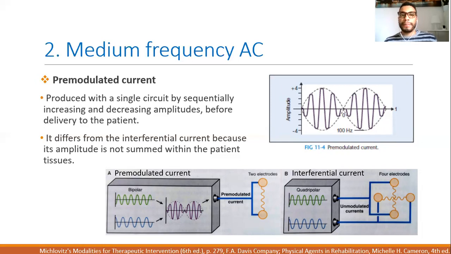So we place 4 different electrodes, and in the intersection of these 4 electrodes, the alternating current is generated. So the intersection is within the patient, not inside the device. So this is another difference comparing pre-modulated current and interferential current.